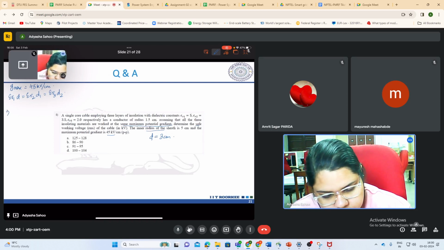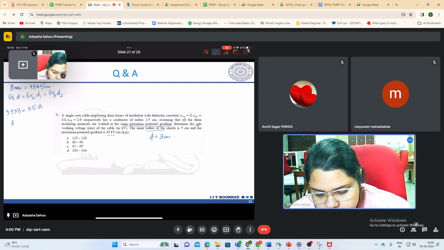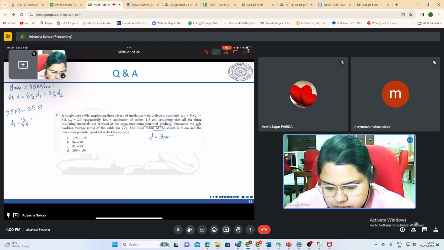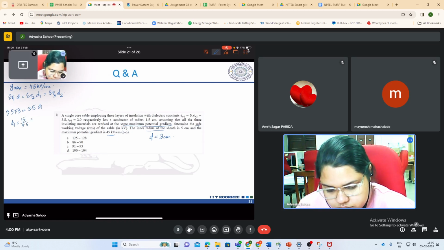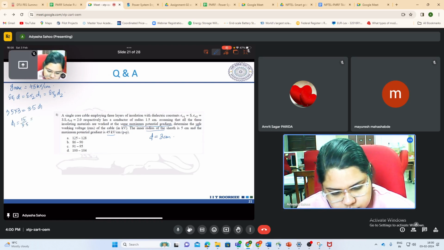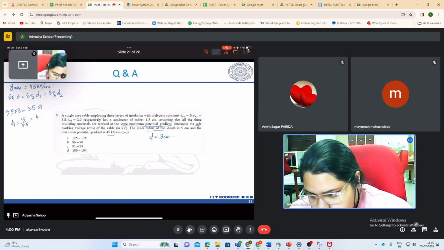So from first one, ER1 D is ER2 times D1, where ER1 is 5 times 3, ER2 is 3.5 times D1. So D1 will be 4.286 cm.